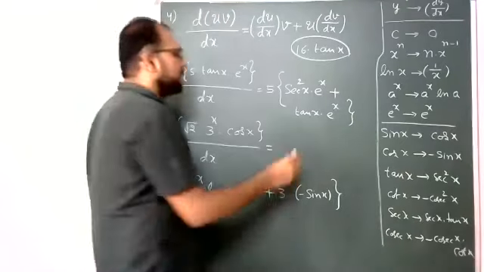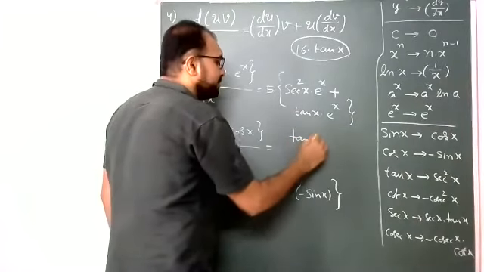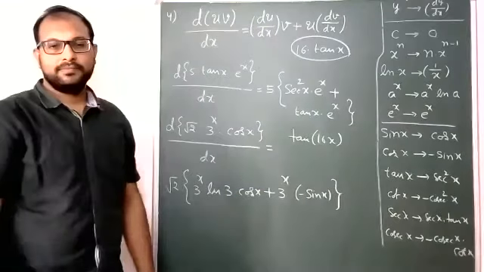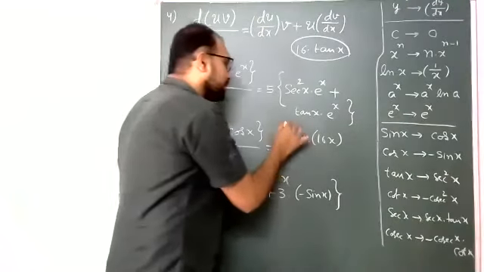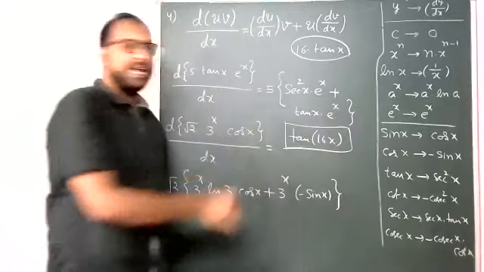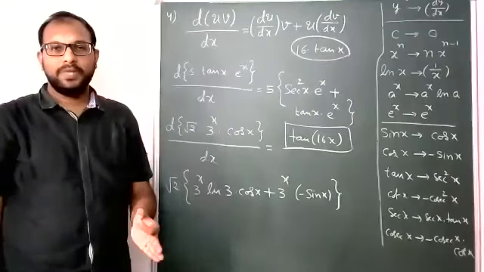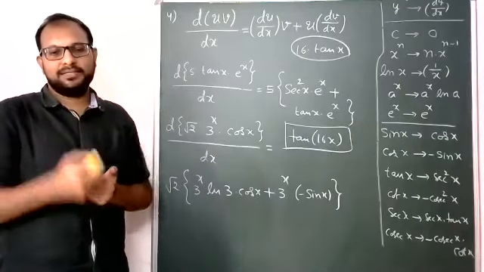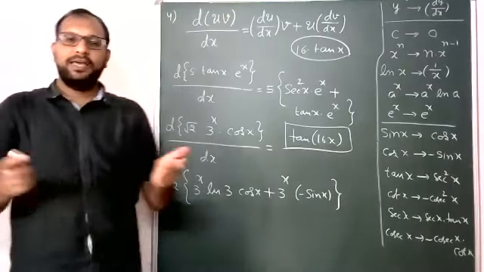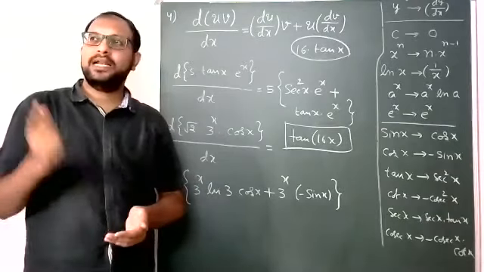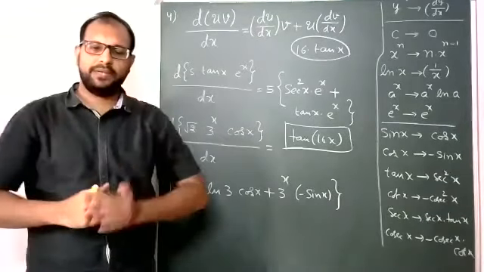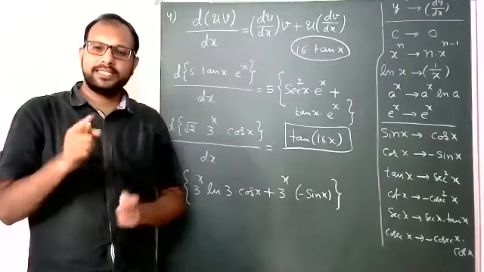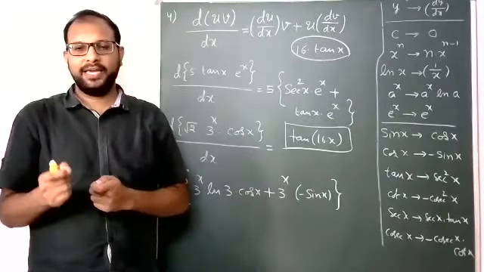But suppose tan of 16x, so this differentiation, how to do? All this will come in part 2, that means tomorrow's class. Okay, students. Yes, physics class completed. Another mathematics class is also there. Today please revise again and later do the assignment, get ready for the next class. Okay, thank you.